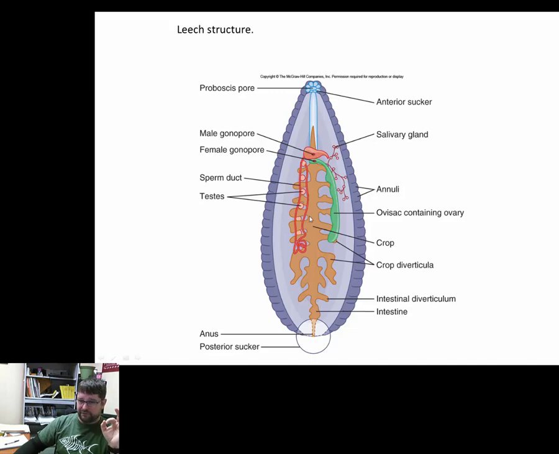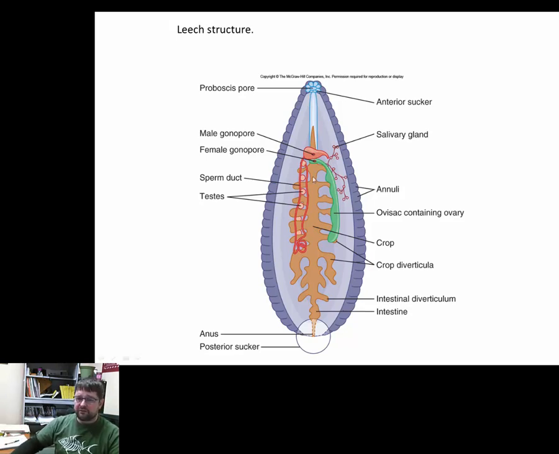The blood is going to then come in, and the material is going to be digested. They do have a crop, but they're missing a gizzard. So they do have a crop which allows for some churning and digestion to occur, but digestion is pretty simple in leeches given that their meal is blood.